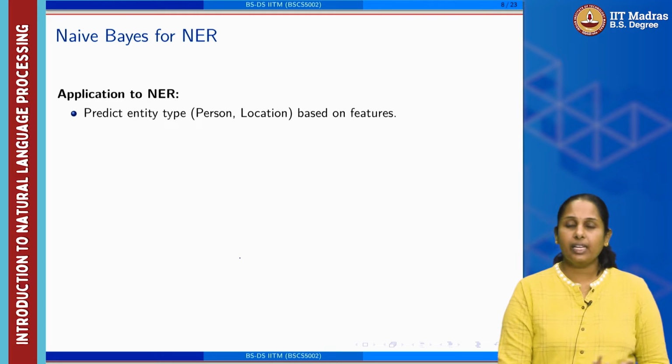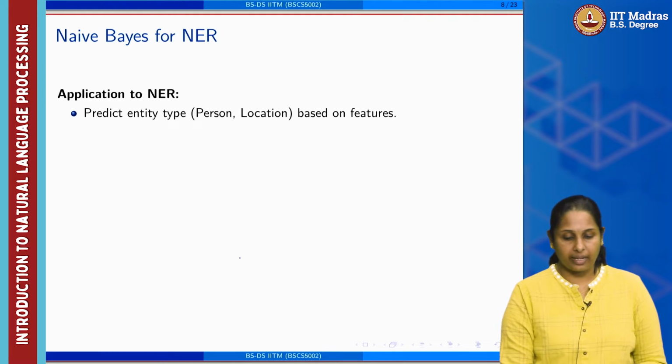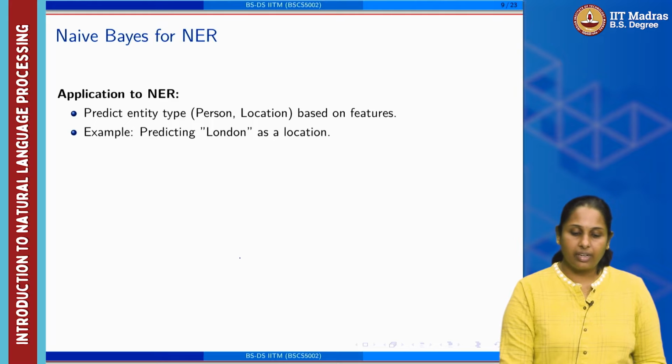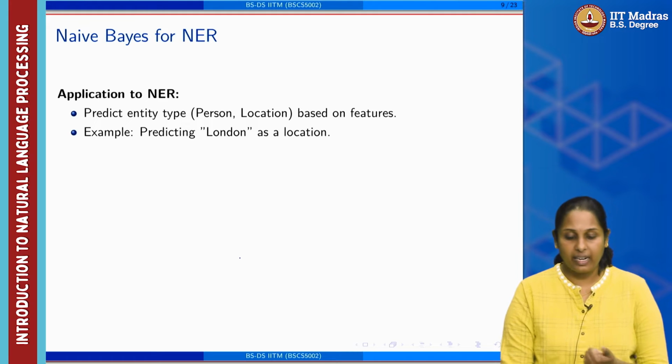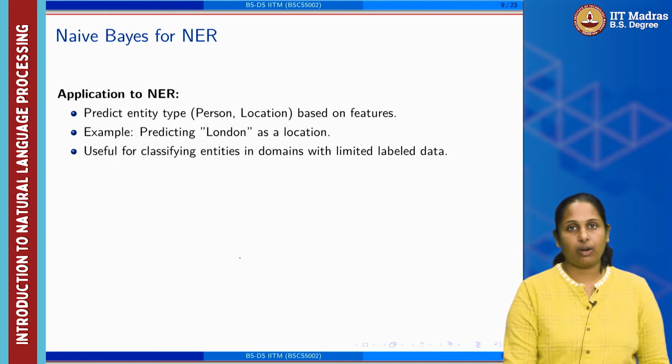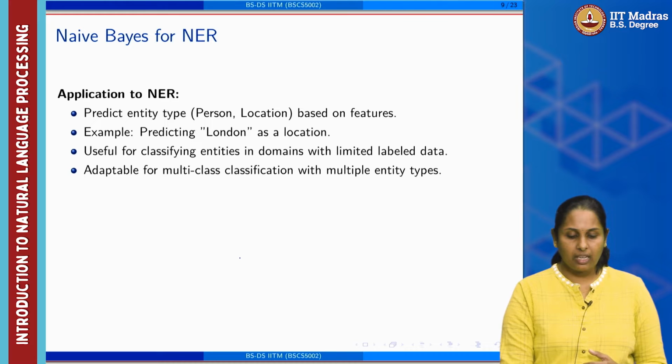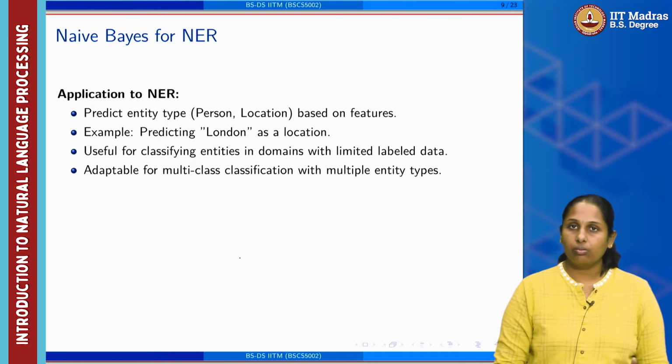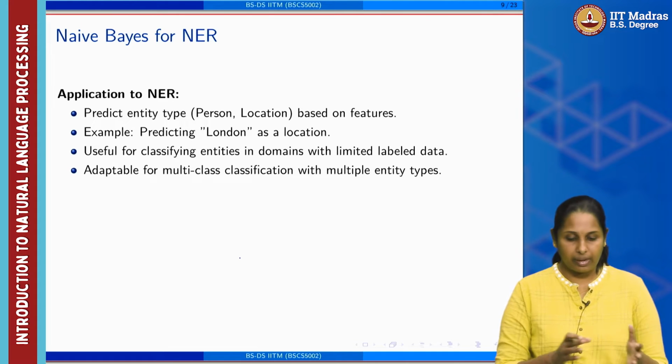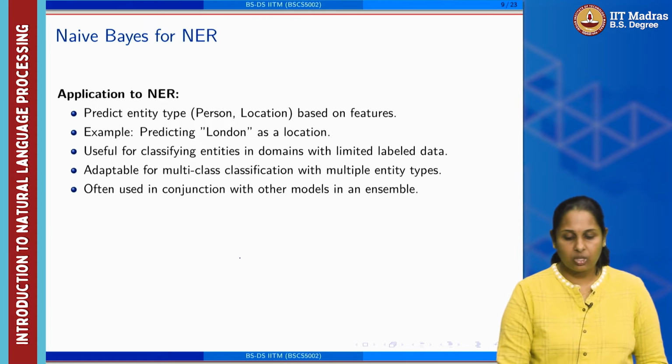Similarly, in the NER context, it predicts the entity, like person, location kind of feature. For example, if we want to predict London as a location, what do we have to do? We have a limited data set, let's say, and we have to identify this in a multi-class classification stage.